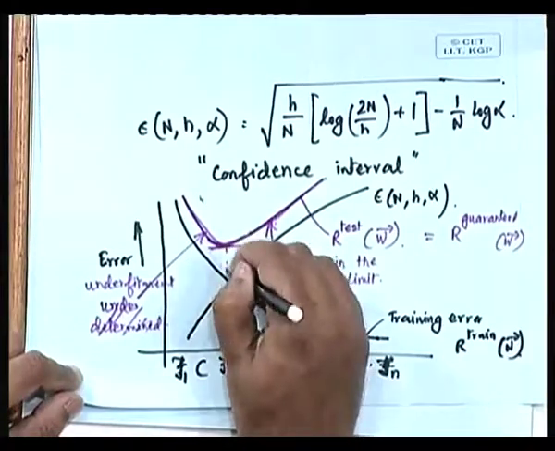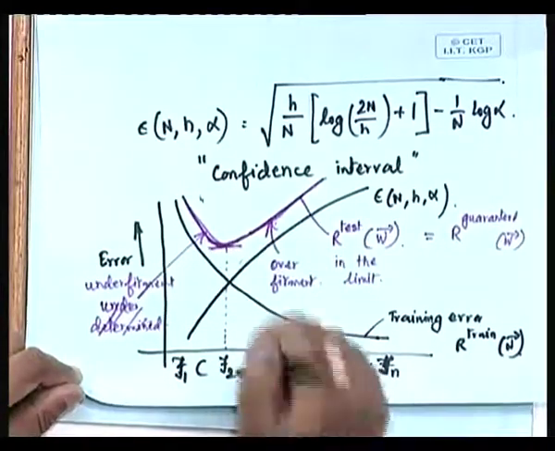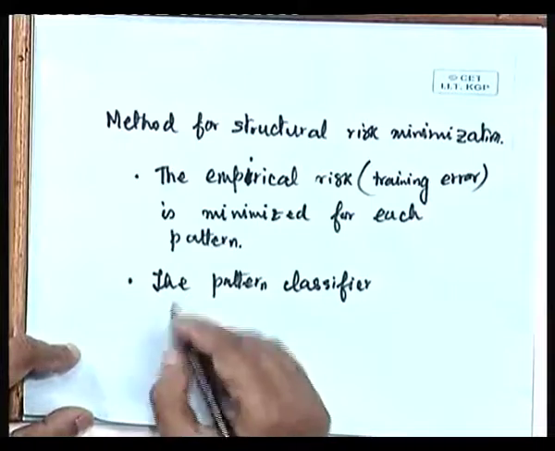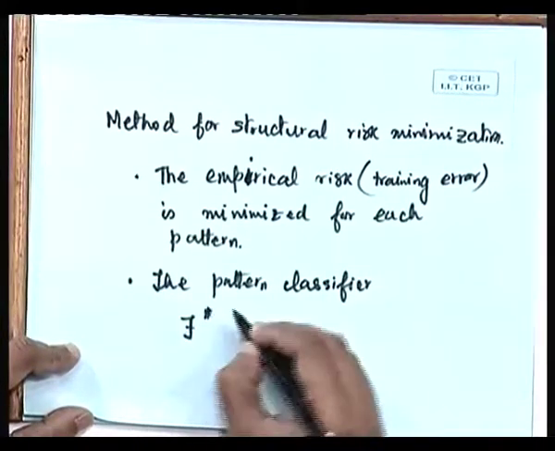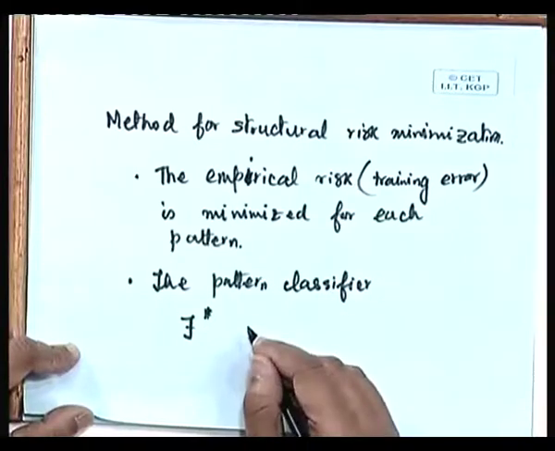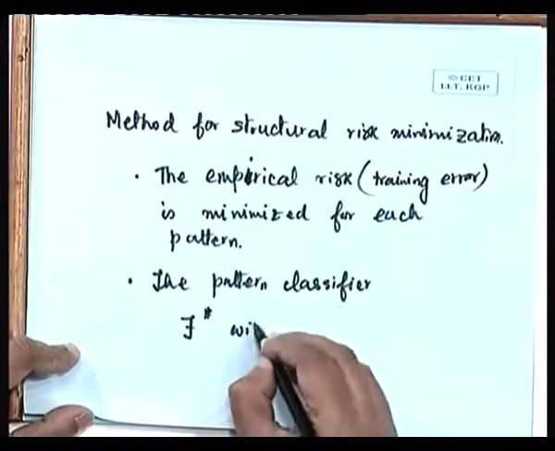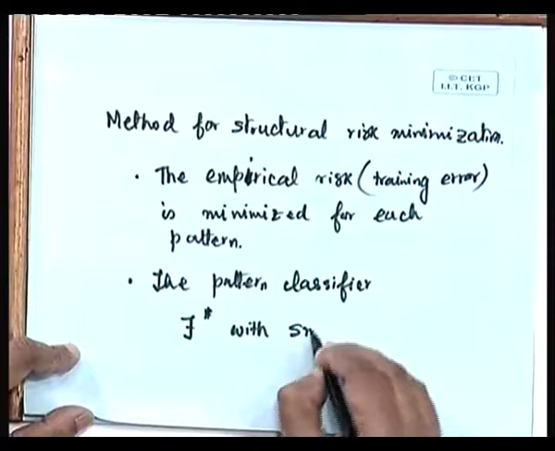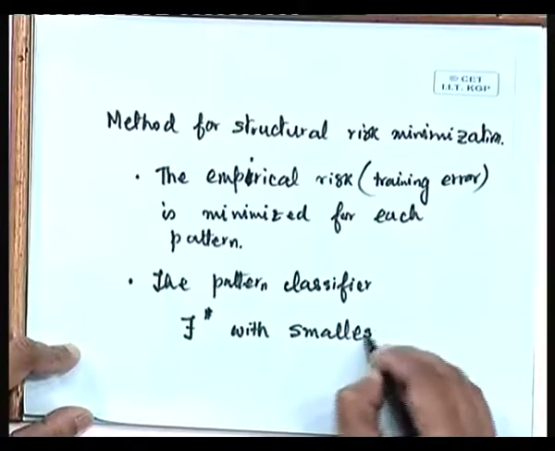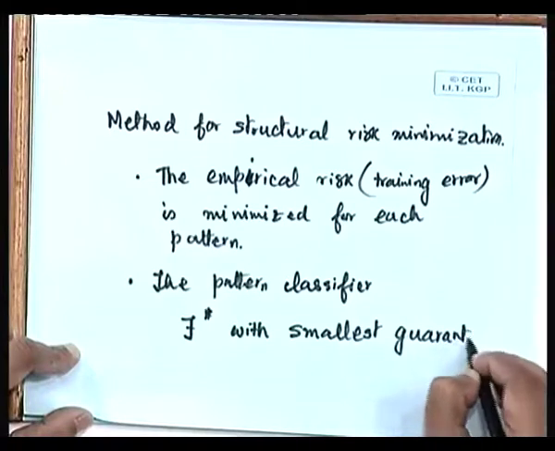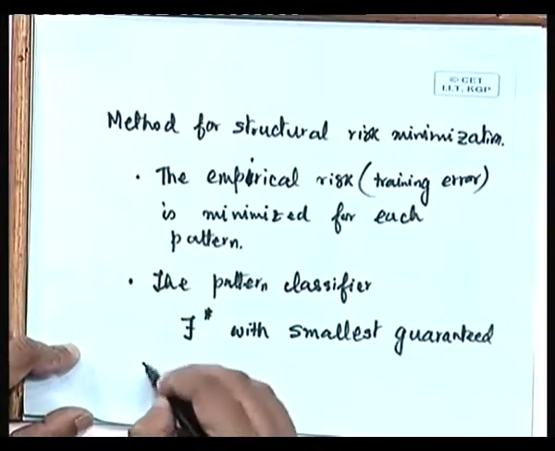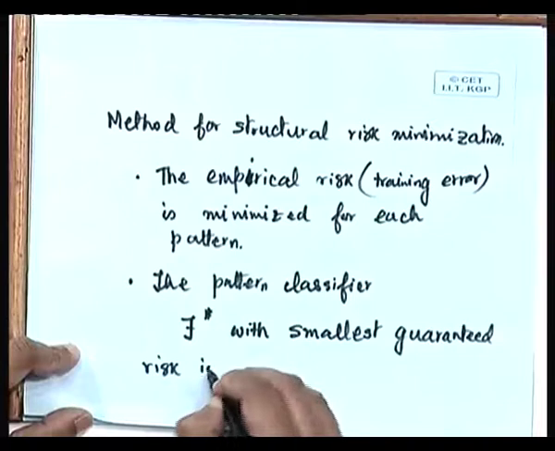So there is a point of minimum, and let us call that F star. The pattern classifier F star, with smallest guaranteed risk, is identified.